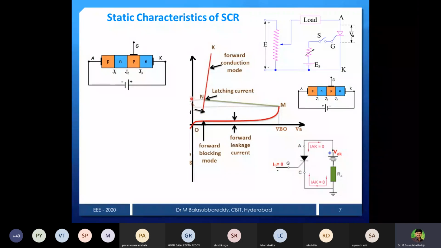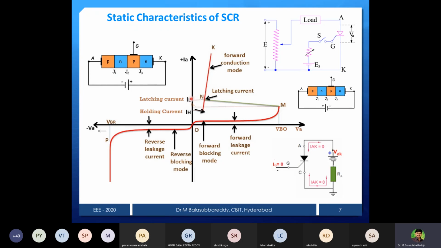Then J2 is forward biased, and J1 and J3 are reverse biased. This will not allow any current to pass through the junctions, except a small leakage current at junctions J1 and J3. Total current is not allowed because J1 and J3 are reverse biased while J2 is forward biased. You can see the characteristics.